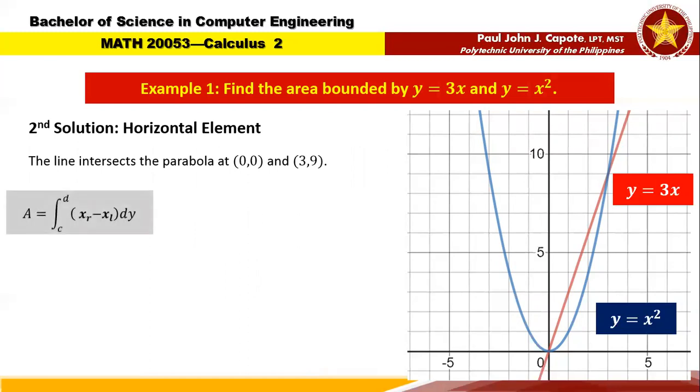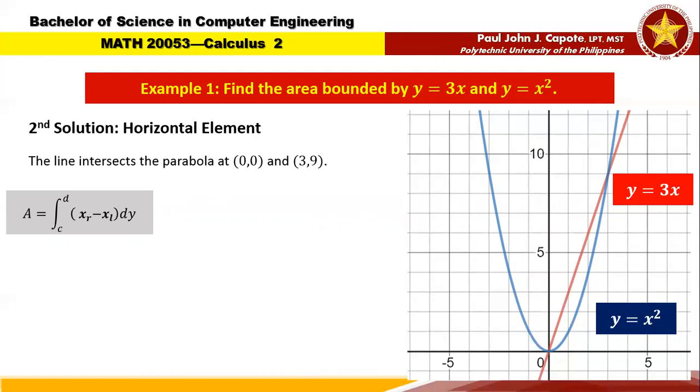Since we are applying the horizontal element of area, then we shall use this general formula, which is A is equal to the definite integral of x sub r minus x sub l dy from c to d. We need to determine which of these functions is the right curve for our x sub r, and the left curve, which is our x sub l.